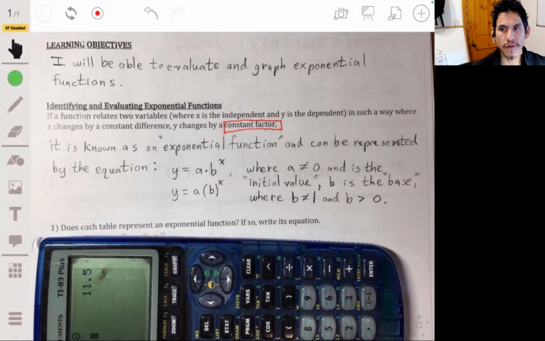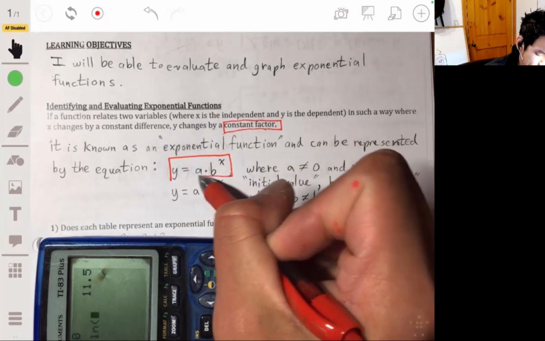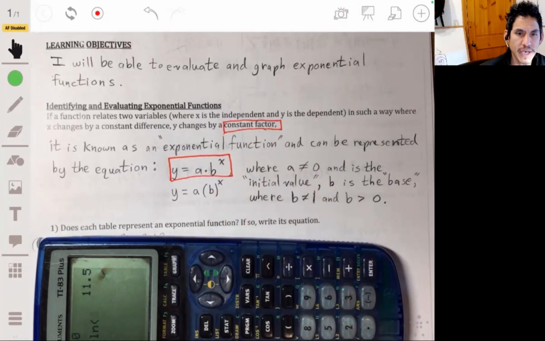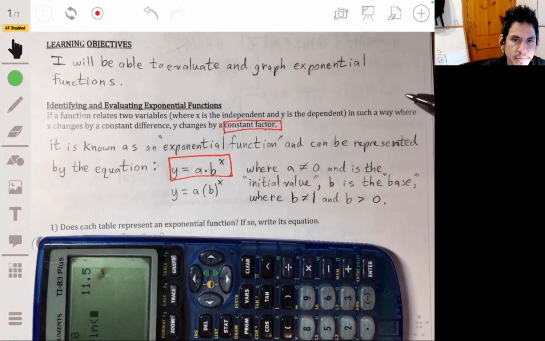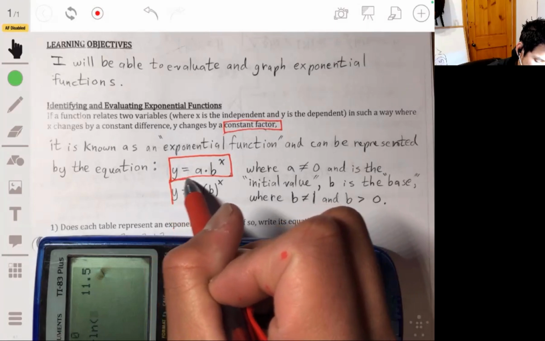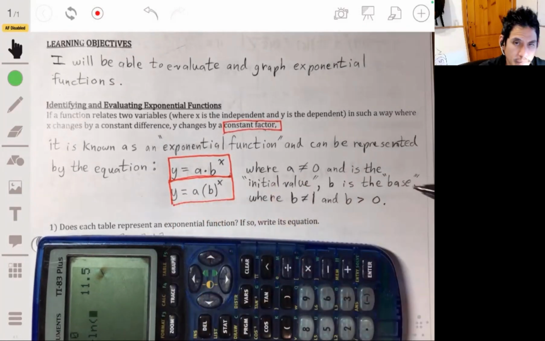But it's a little more than that, because what we get is an equation that has the variable x as the exponent. We have y equals a times b to the x power. So the key thing is to recognize that the variable x is the exponent or power. I also like writing it so that the b is in parentheses because it helps emphasize that the b is being raised to the x power.